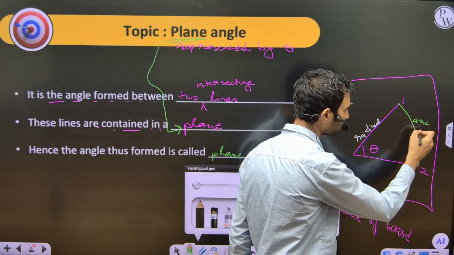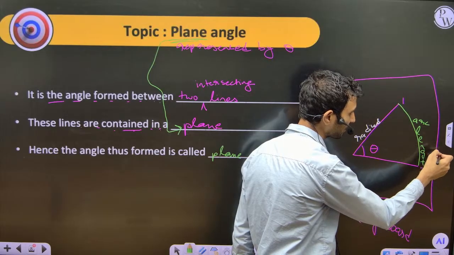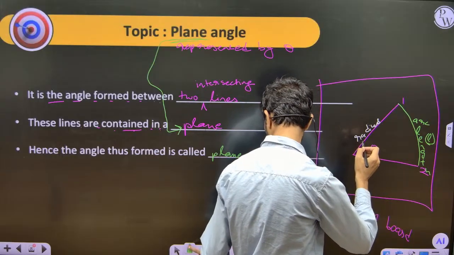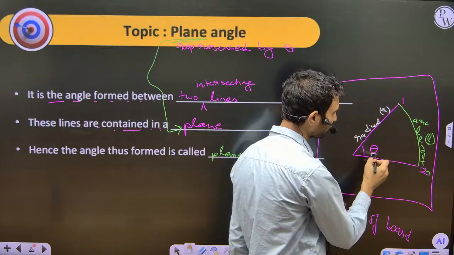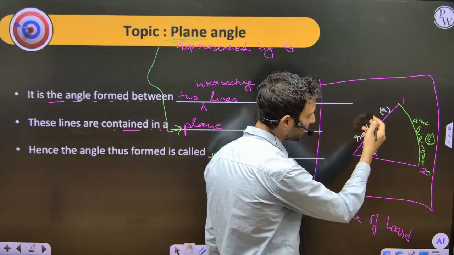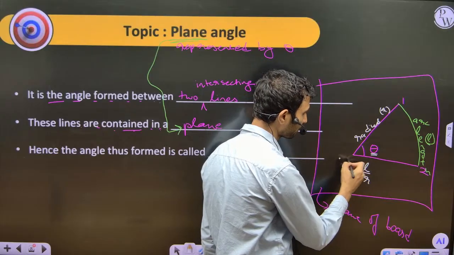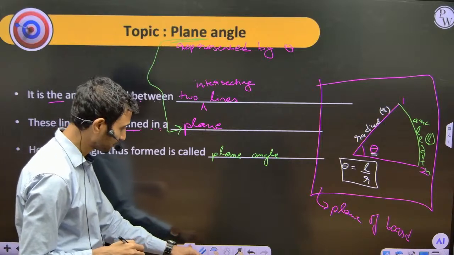This is the arc length, represented by the letter L, and the radius represented by the letter R. That's theta. So you know what is the relation between theta, R and L? Theta is equal to L upon R. That's what we have in the next slide as well.